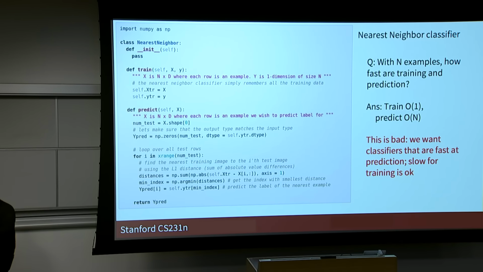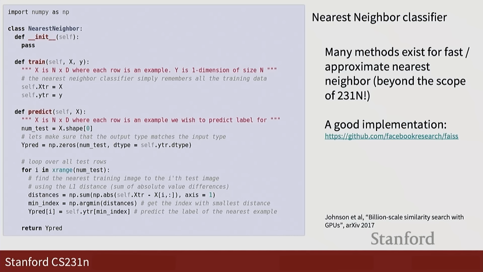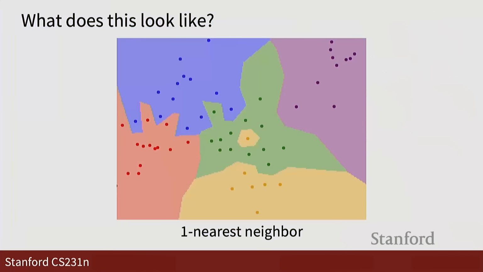So with that in mind, although there have been a lot of efforts making nearest neighbor much faster using GPUs and so on, which are beyond the scope of this class, if you're interested, you can take a look at those. But with that, I want to look at some of the visualizations and how this algorithm in general works.